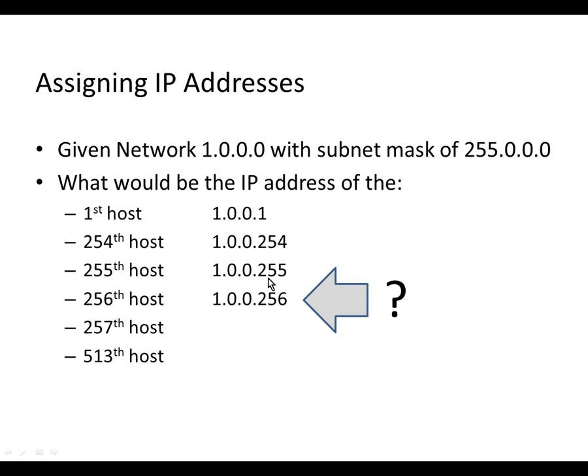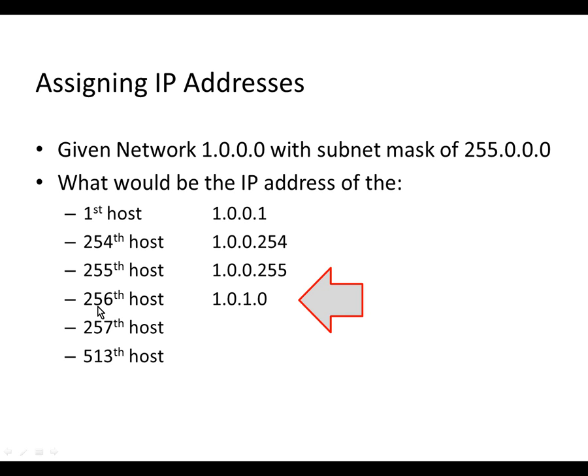To find the next value higher than 1.0.0.255, this octet becomes 0, and the next octet becomes 1. So this would be the correct IP address for the 256th host, 1.0.1.0.